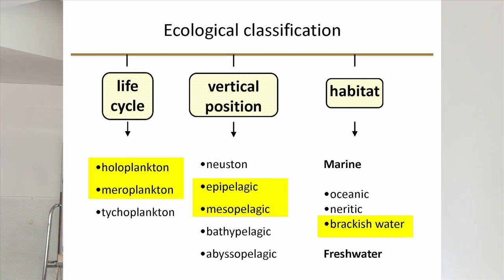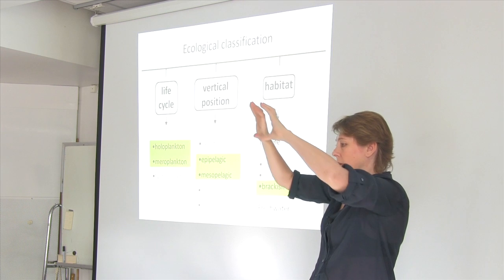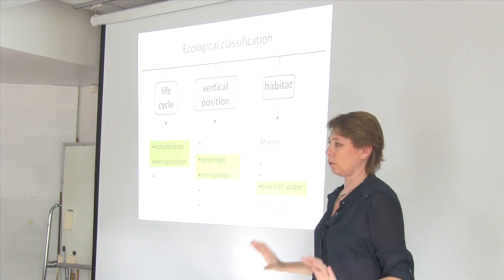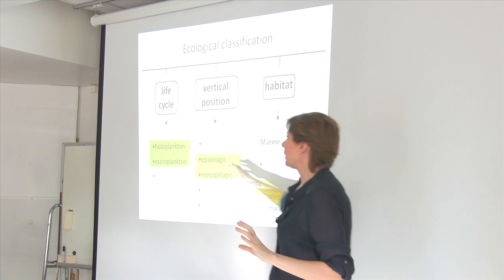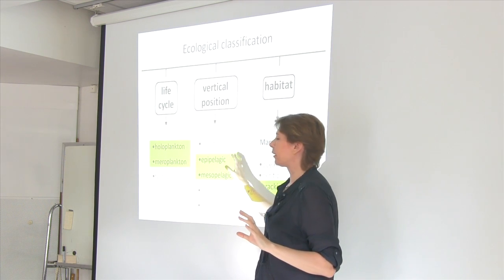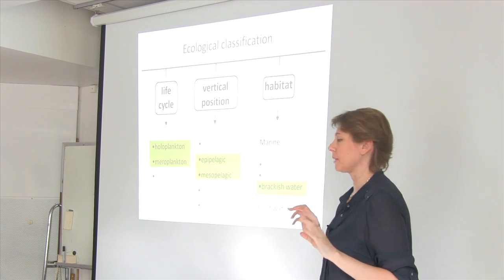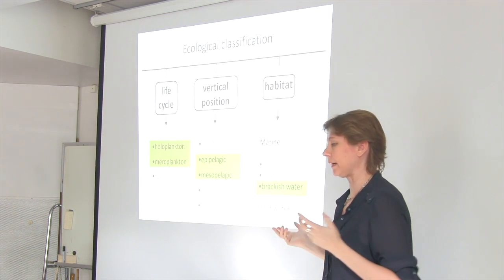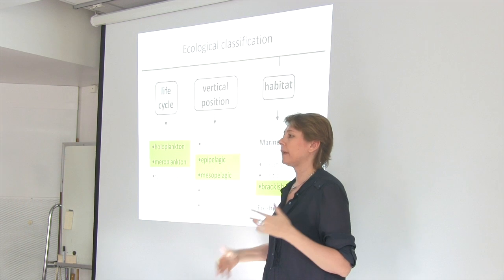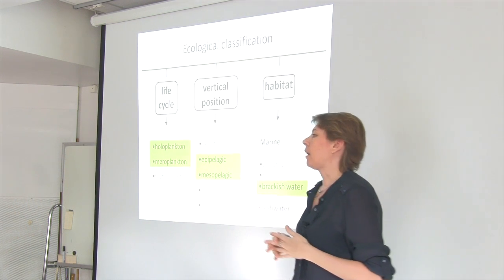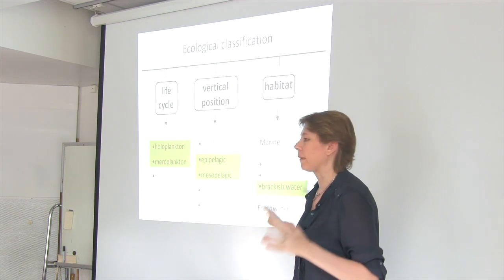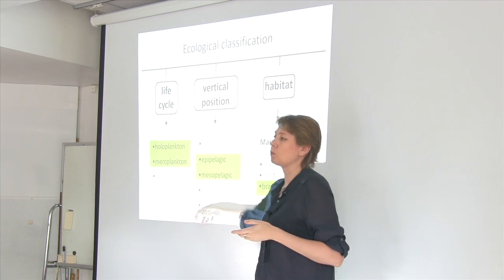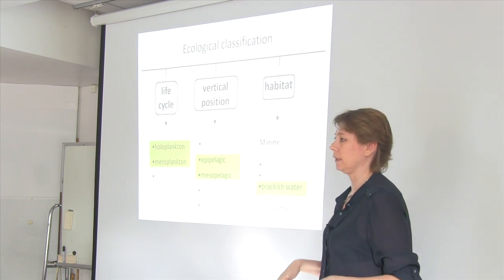Epipelagic and mesopelagic species occur within the trophogenic layer and below the trophogenic layer. This is what we commonly sample in the Baltic Sea, and this is what our mesozooplankton samples consist of. In the oceanic areas, where we have substantial depths, more than 500 or 1,000 meters, we have bathypelagic and abyssopelagic species. Those are several kilometers down there.